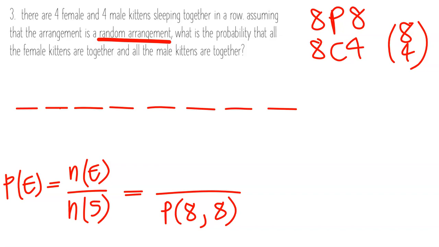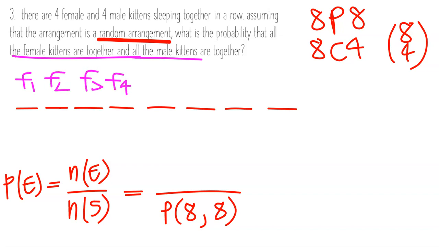So my numerator then would be how many different ways can I get this event to happen? The event specifically is that all the female kittens are together and all the male kittens are together. That could happen if I have female kitten 1, kitten 2, kitten 3, kitten 4, and then male 1, male 2, male 3, male 4. Of course, you can expect that this is going to happen in a ton of different ways.